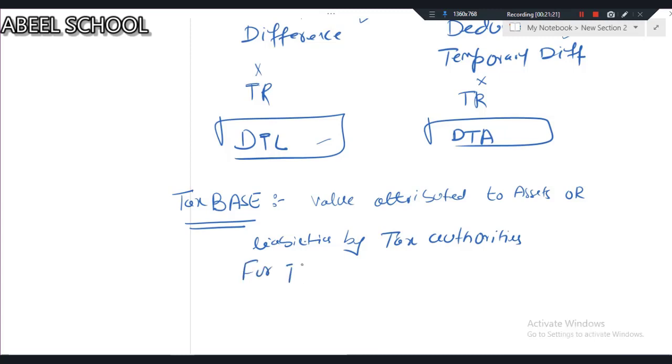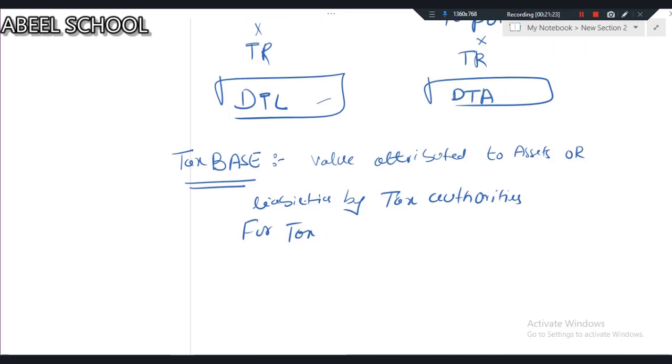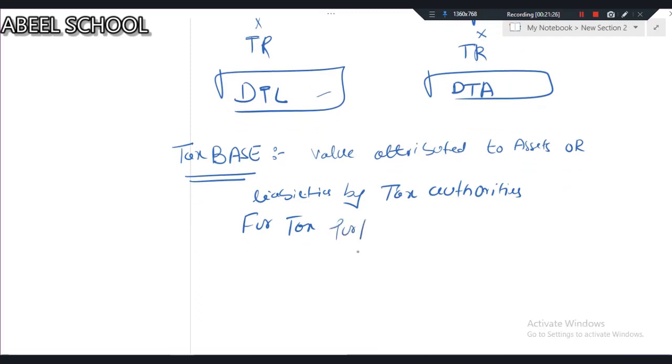Tax base means value attributed to assets or liabilities by tax authorities for tax purposes. It means: according to tax authorities, what is the value of your asset and what is the value of your liability? That is tax base. Repeat: tax base means what tax authorities think is the value of your asset and the value of your liability.